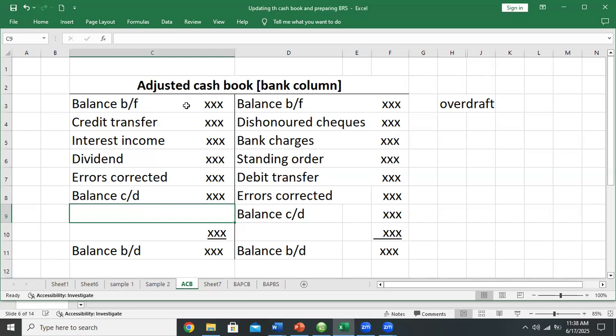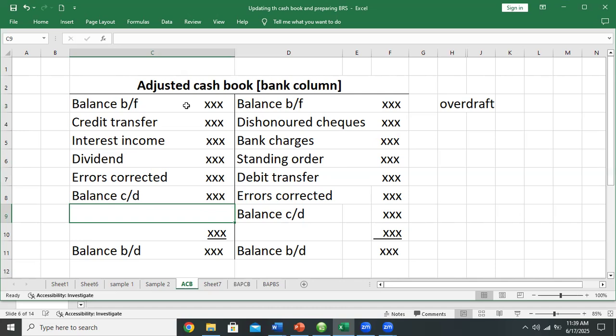As we know, bank is an asset, so bank has a debit balance. So a debit balance on your bank account in your cash book is a positive balance or a favorable balance, right? Likewise, for your bank statement, a positive balance is a credit balance.